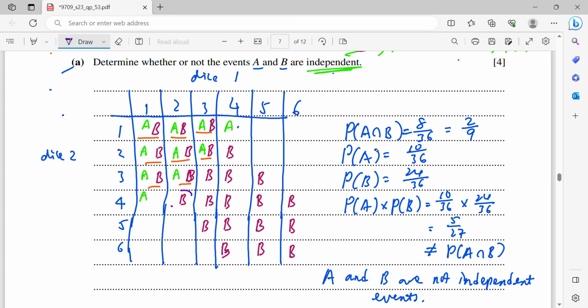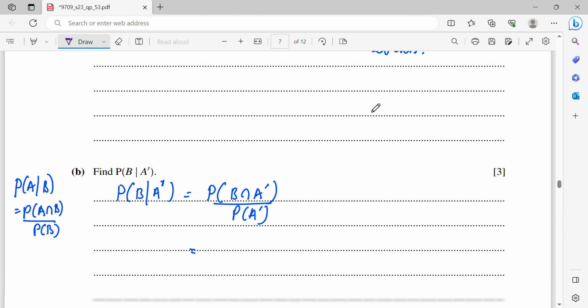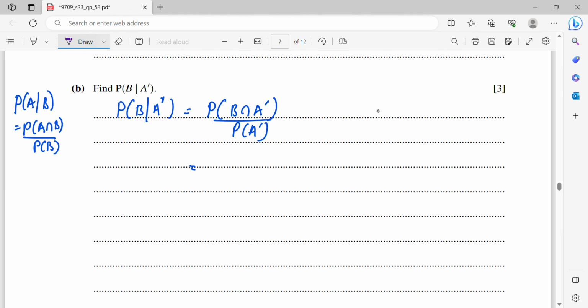Intersect with B means you just count how many of the B without the A together. So all this will be the intersection. So when you count, it will be 16 of them. Okay, so my probability for the numerator is 16 over 36.